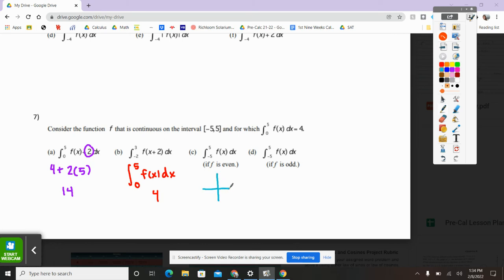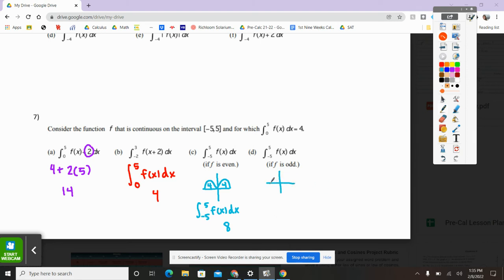This one is talking about if f is an even function. So even function means it's the same on both sides, meaning it's symmetrical. So if it's 4 on one side, that means it also has to be 4 on the other side. Which means the area from -5 to 5 just equals 8.